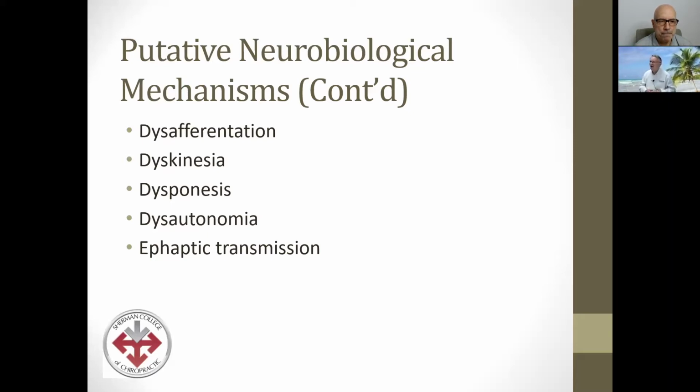Dysautonomia is abnormal autonomic activity. And a new thing that we're just starting to see studied in greater depth is what's called aphaptic transmission. And that's non-synaptic communication. In other words, field effects where an electromagnetic field surrounding one nerve influences another one, even in the absence of a synaptic connection.